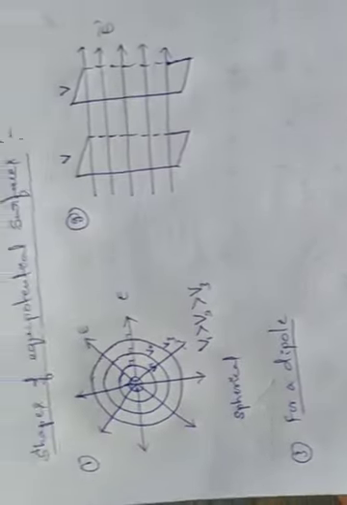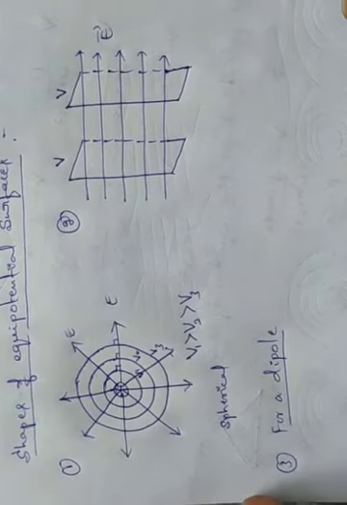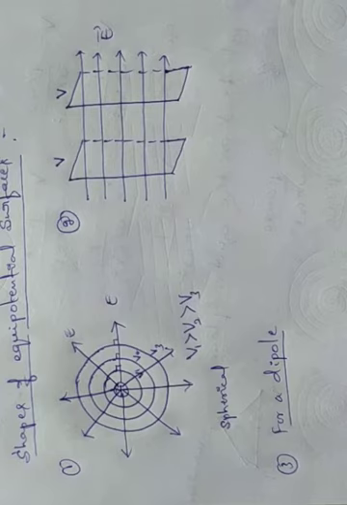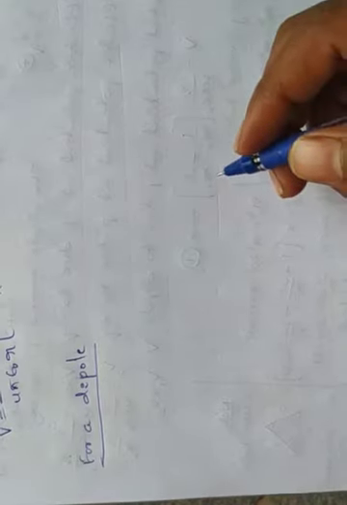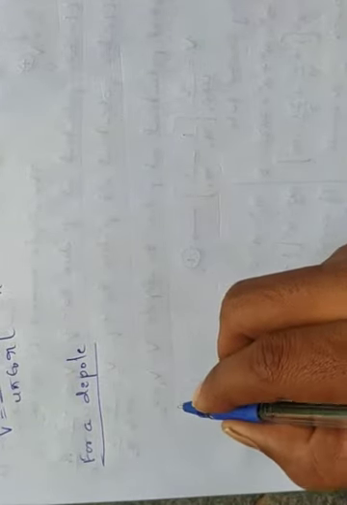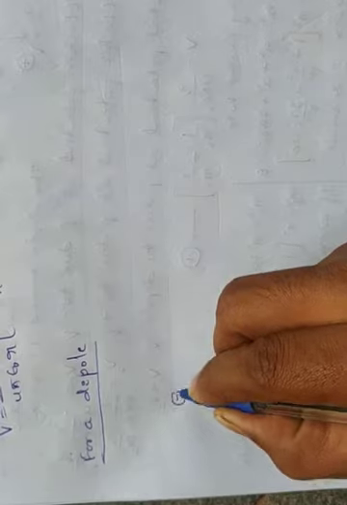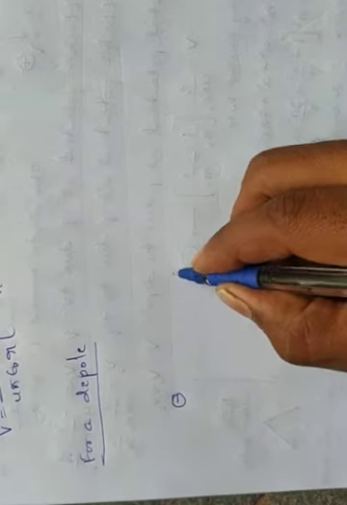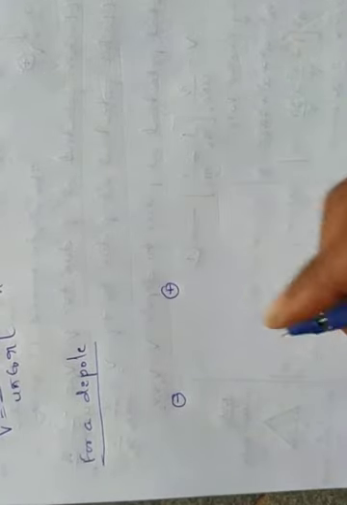For this dipole, what is the electric field, what is the direction of the electric field, and what is the equipotential surface? Dipole means one has the positive and another has the negative charge. For example, here it is a negative charge and here it is a positive charge.